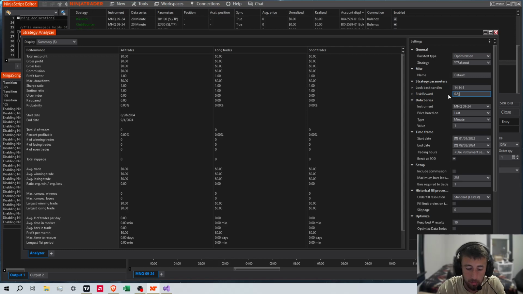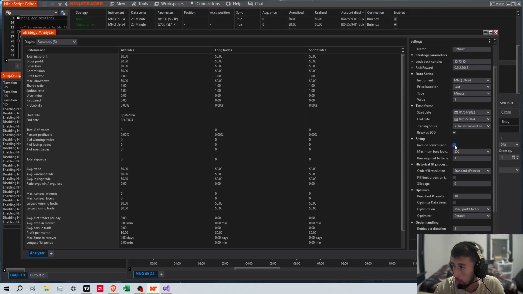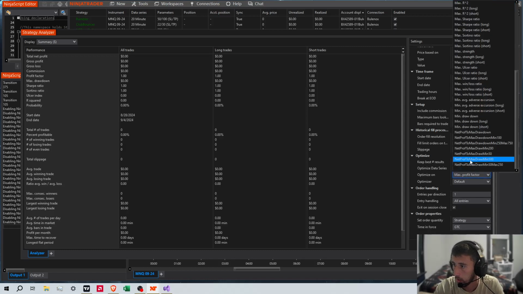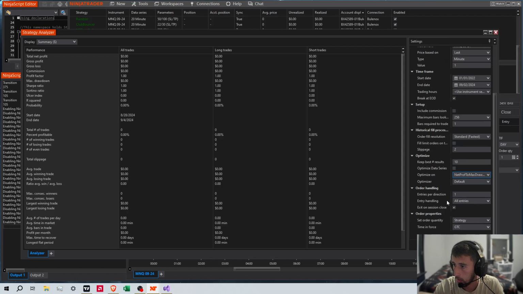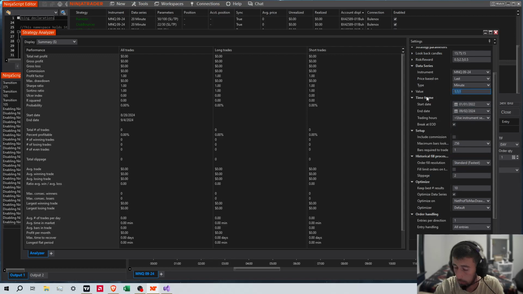Alright, there we go. 0.5 to 2.5, incrementing by 0.5. 15 to 75 by 15. And then Q. Slippage to max net profit to drawdown. Optimize data series. We're already at what, 5 times 5, 25.